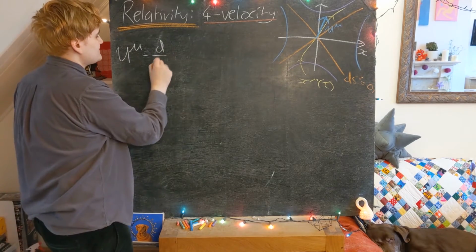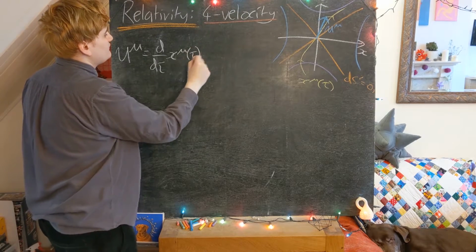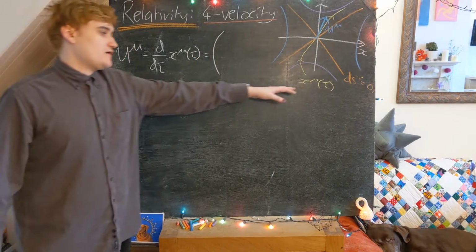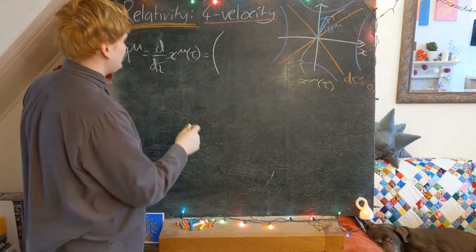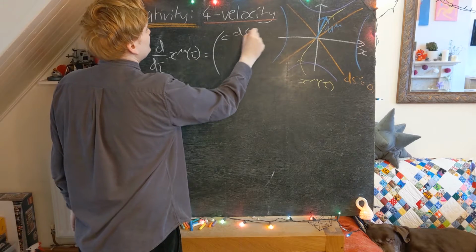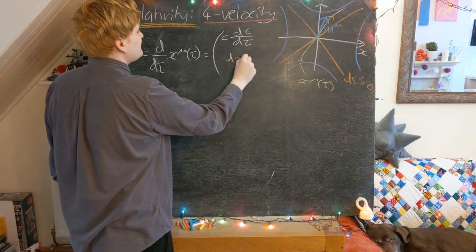So the forward velocity is just the parameter derivative of our world line, and expressing our world line as a vector of functions, we saw the parameter derivative is just dt by d tau, and then dx by d tau.